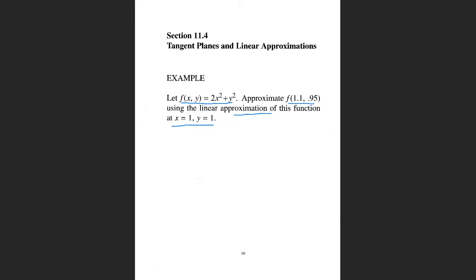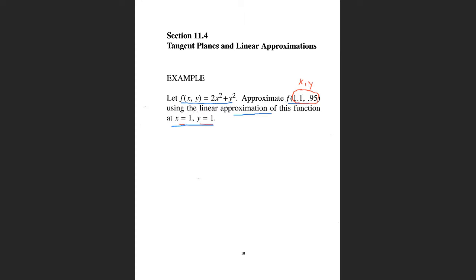Notice we're picking an x and y value that's pretty close to 1, 1, because we know linear approximations get worse as you move away from your point of center, so to speak.